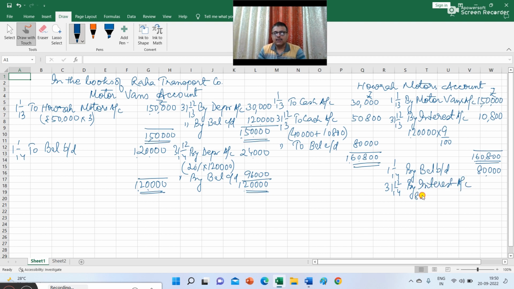So what is the amount of interest? 80,000 into 9%. So this is 7,200. But on 31st December 2014, no amount was paid. Raha Transport Company failed to pay the installment. So here I have to write the balance amount. So this is 87,200.